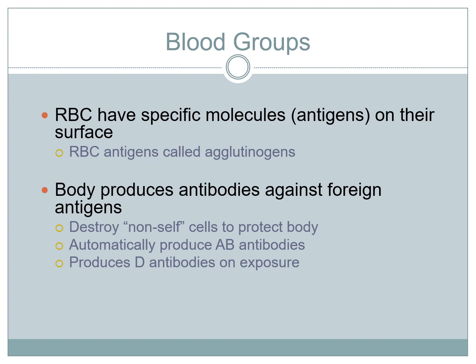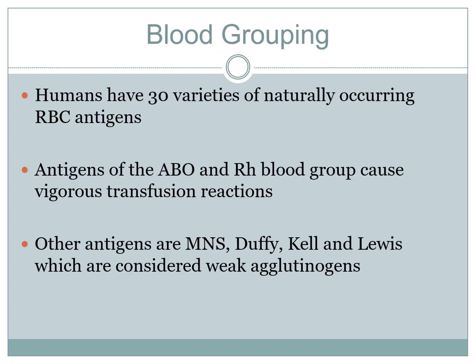But just realize that your body will naturally produce antibodies for non-self. Now when we look at the actual antigens themselves, there are about 30 different varieties of antigens that can be found on red blood cells. The main ones that we're interested in are antigen A, B and D.